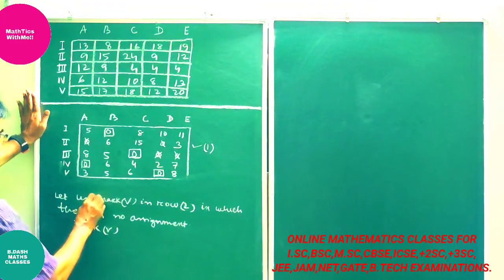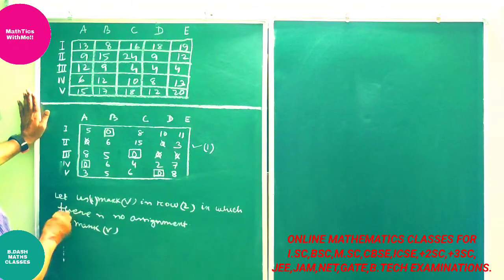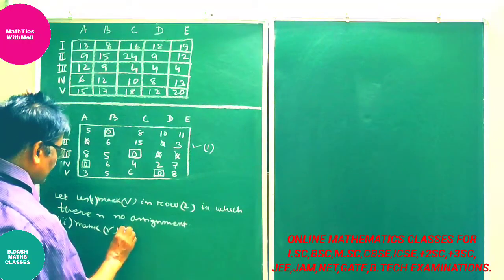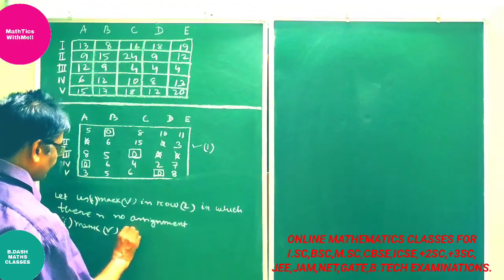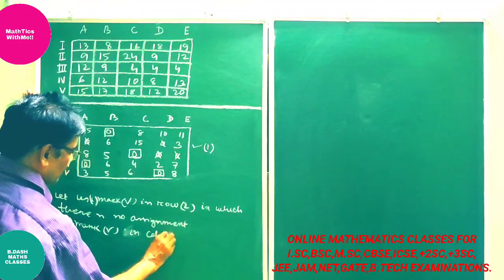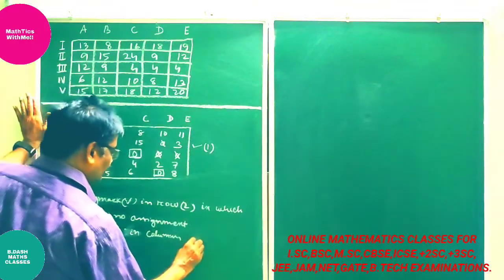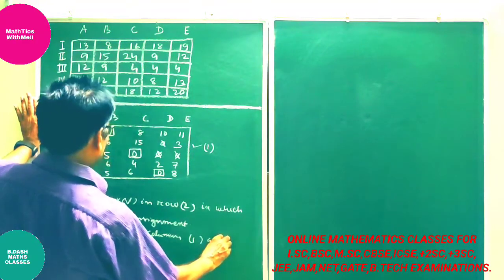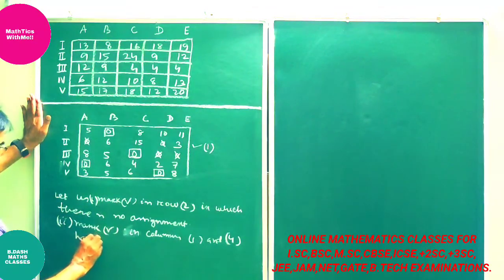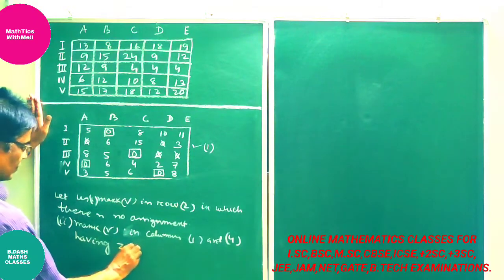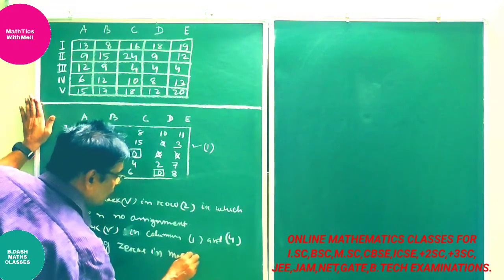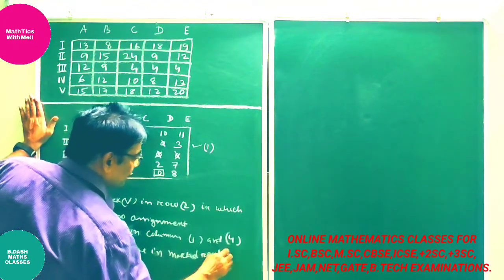Mark tick columns 1 and 4 having zeros in marked row 2.